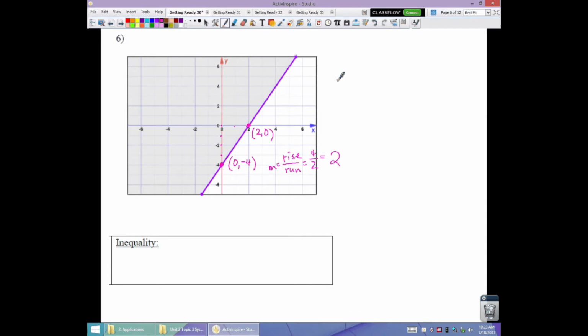So the equation of the line is y equals 2x minus 4. And we're left just deciding, are we shading above or below? Since it's shaded above the line, we say y is greater than 2x minus 4. And since the line is solid, equal to.